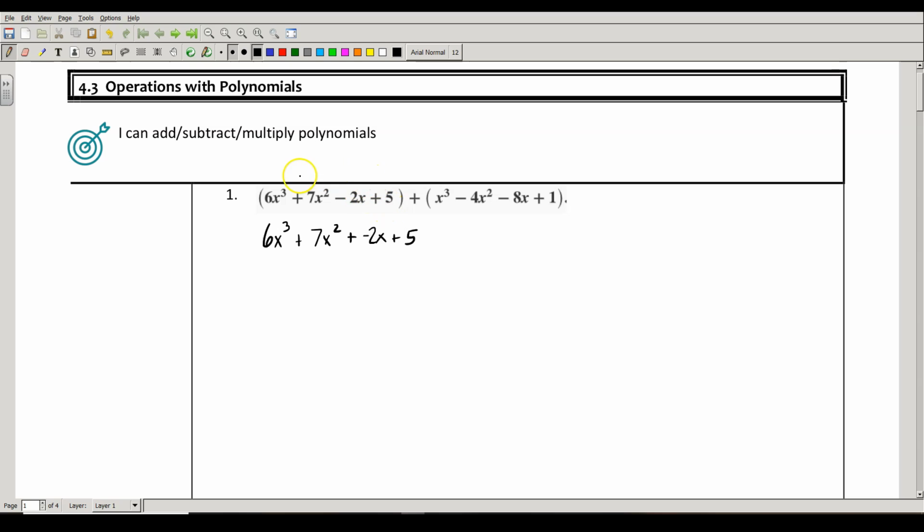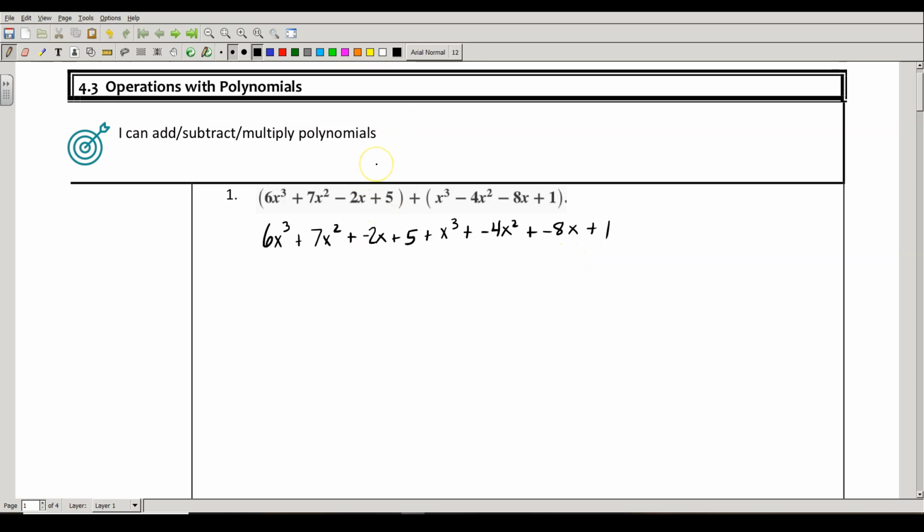Oftentimes when students see two parentheses there, they immediately think, oh, I'm going to have to multiply all this stuff together, which we don't, because we're adding, we're not multiplying. So I'm going to get rid of that. I'm going to say plus x cubed. I'm going to change these subtractions as well to plus a negative 4x squared plus a negative 8x plus 1.